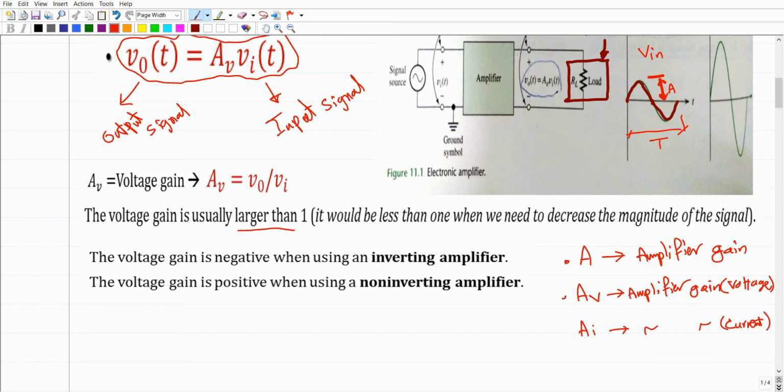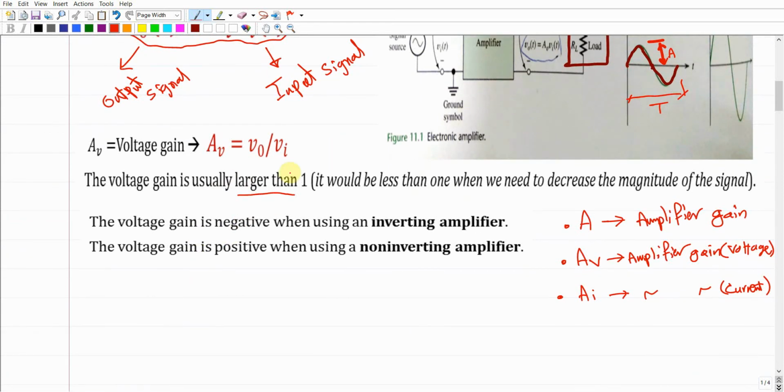But anyway, you can just say A or add the subscripts V and I to distinguish it, whether it is voltage or current, it's up to you. So again, the gain itself could be bigger than 1, and in this case we are increasing the amplitude. But if it is less than 1, it means that we are decreasing the amplitude of the signal.